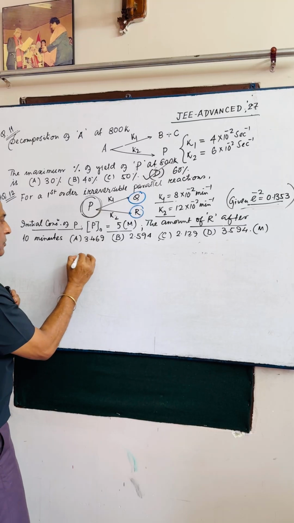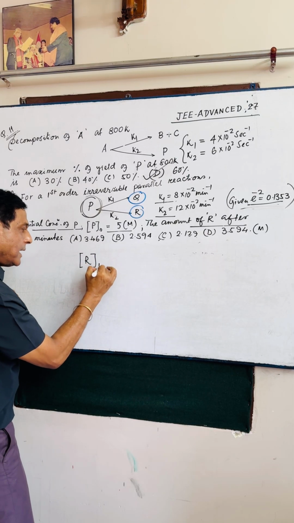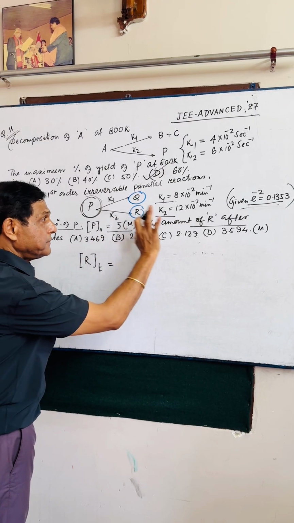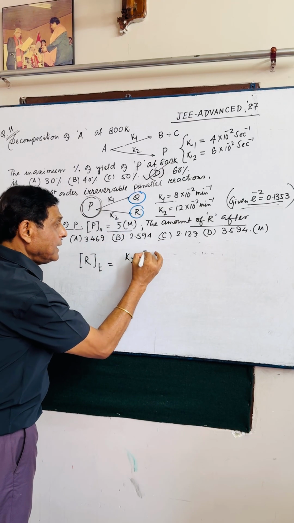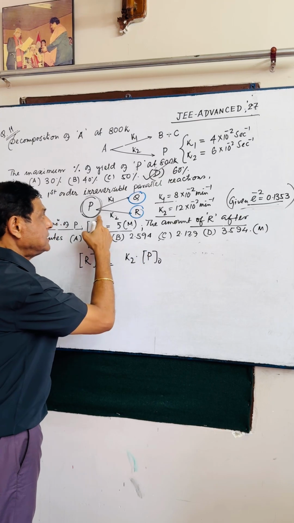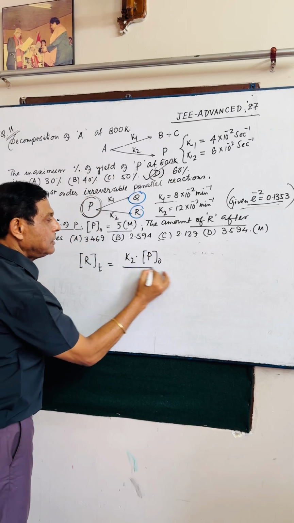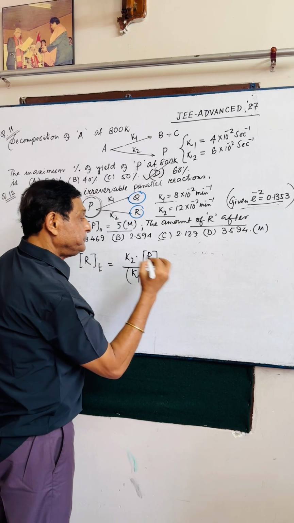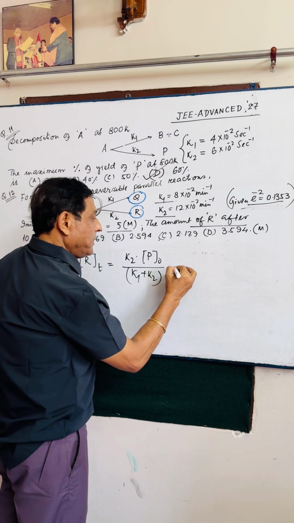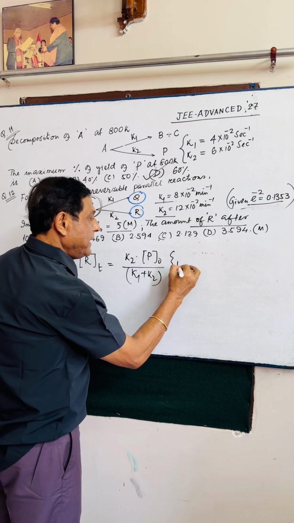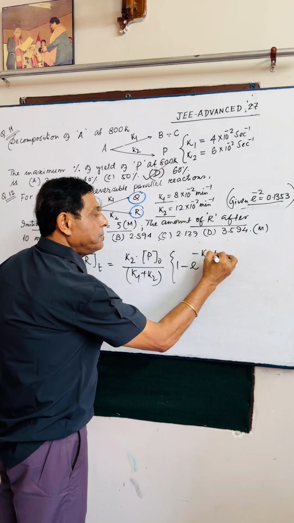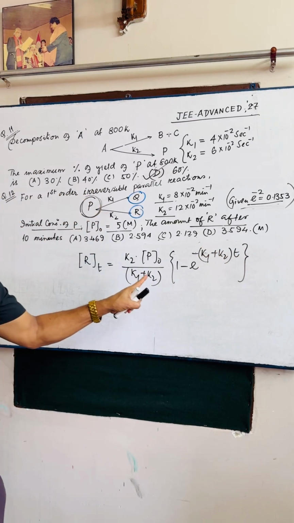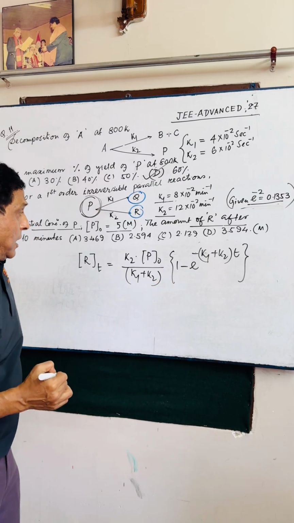The concentration of R after time t, that is Rt, is equal to K2 into P naught (here it is P naught, earlier it was A naught) by K1 plus K2, into 1 minus e to the power minus K1 plus K2 into t. Go slowly with this mathematical part. This is the equation you have to apply. Here the exponential form is required.